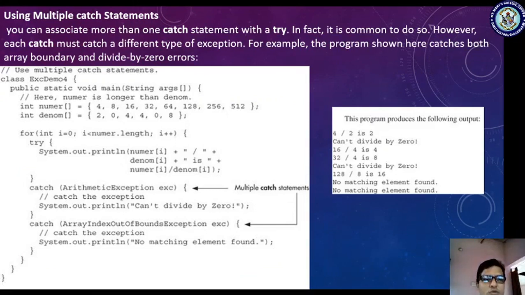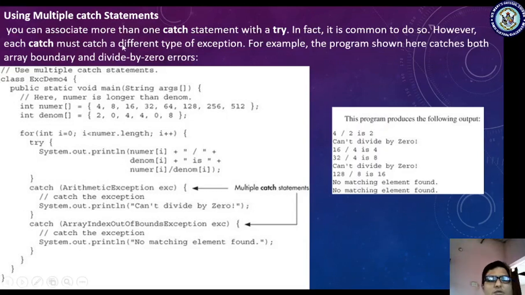As we know, in your program there may exist one try block and multiple catch blocks. Why are we writing multiple catch blocks? We do not know what various kinds of errors may exist in your try block. Already we are familiar with some errors, the runtime errors. For better understanding, you can concentrate on this program.